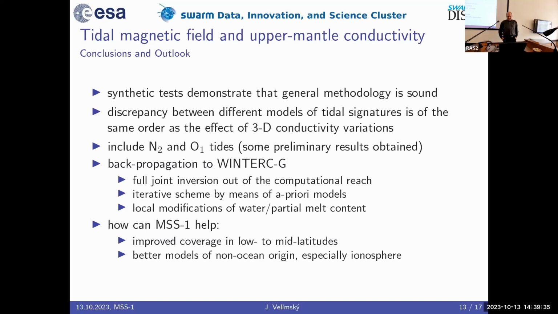And of course, MSS1 would be a great help, as will probably be in the future also NanoMagSat and possibly other missions, because it will improve the coverage in the low to mid latitudes. It will improve the coverage in local times, and it will improve significantly the other non-tidal models, non-ocean models, especially the ionosphere, which will help us to still better recover the ocean-induced magnetic field.